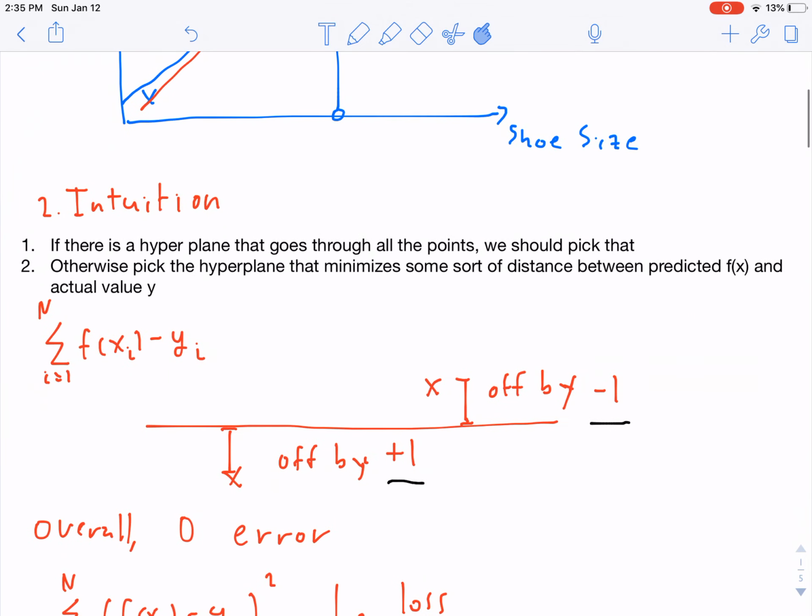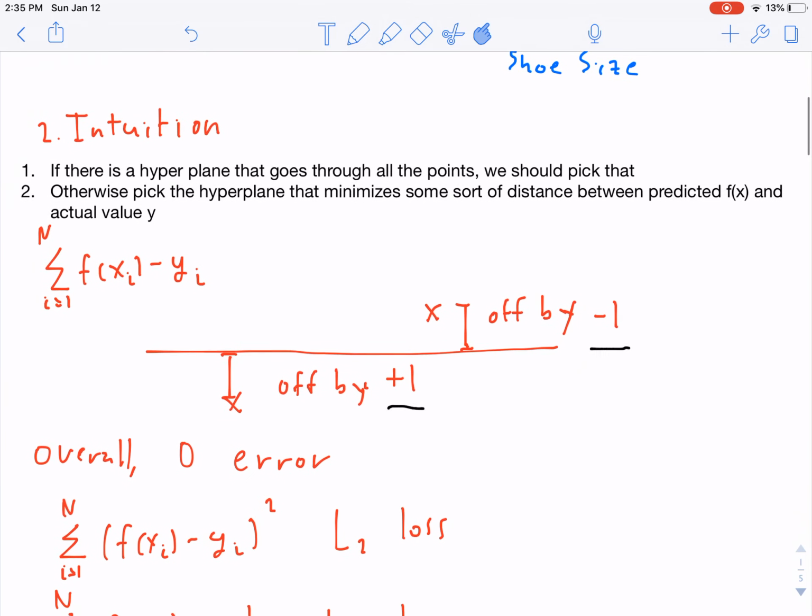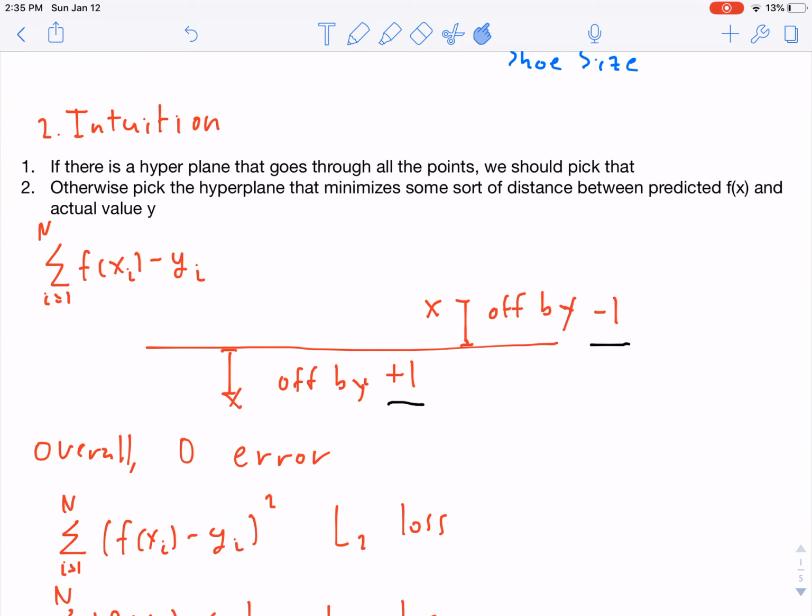So what we've realized here is that if we have an error of 1 or -1, those are both probably equally bad, and there shouldn't be any negative errors that can cancel out positive errors. If you're off, that should just make your error worse. So what we usually do is we use what's called L2 loss. So we take our prediction, we subtract the actual value, and then we square that. And we take the sum of that over all the data points.